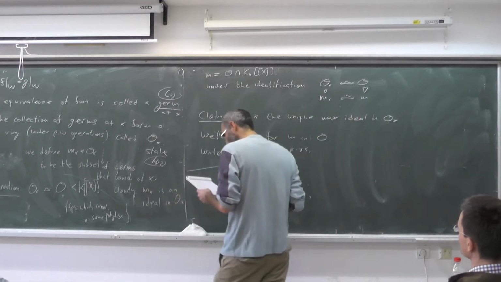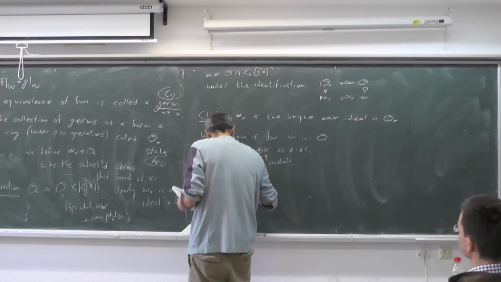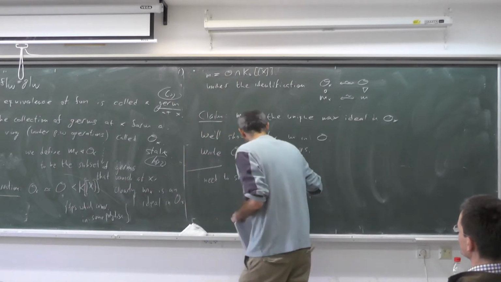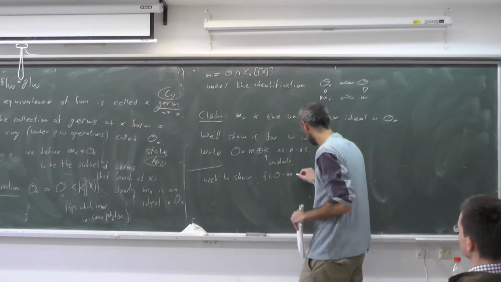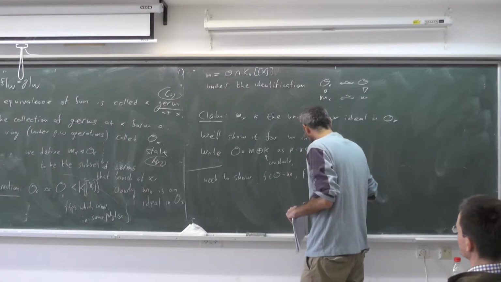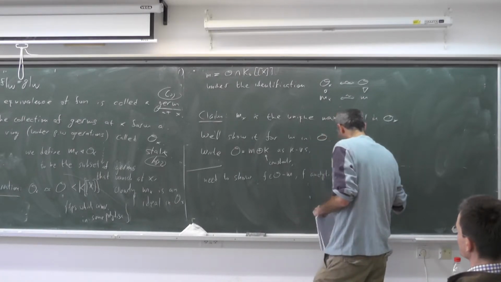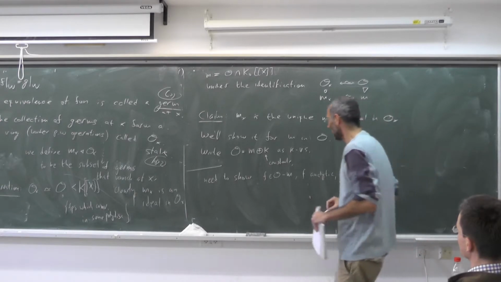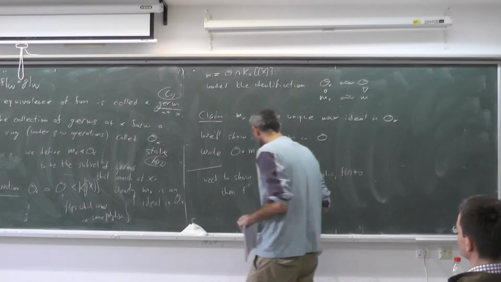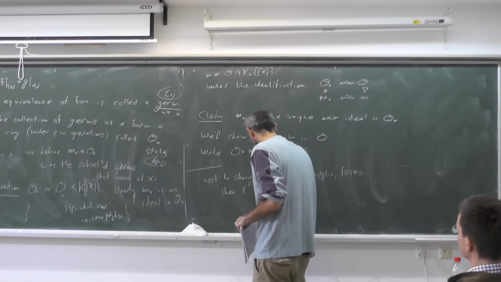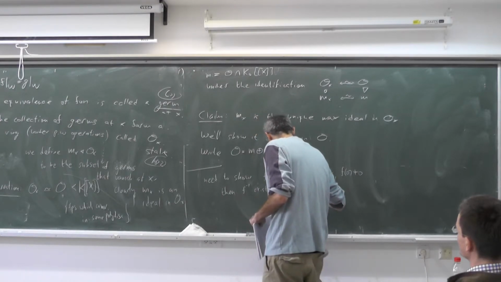And this is what we need to show. If f is in O, f analytic basically, and f(0) is not zero, then f^{-1} exists and is analytic.